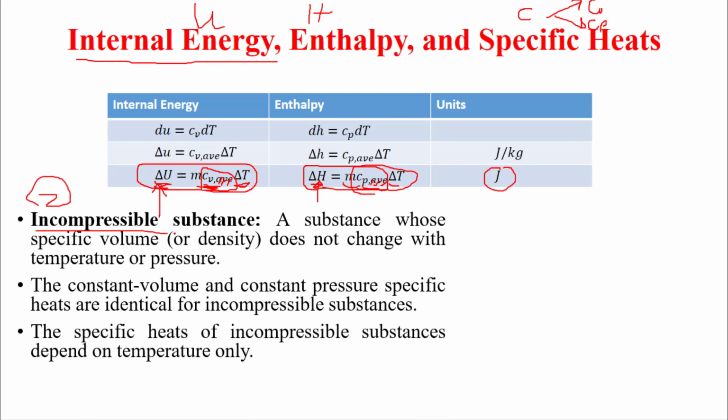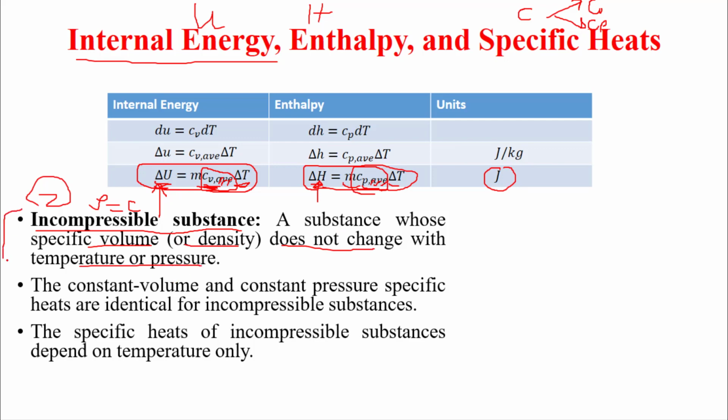Another special case is when we have an incompressible substance. Incompressible means density remains constant. An incompressible substance is defined as a substance whose specific heat or density does not change with temperature or pressure.